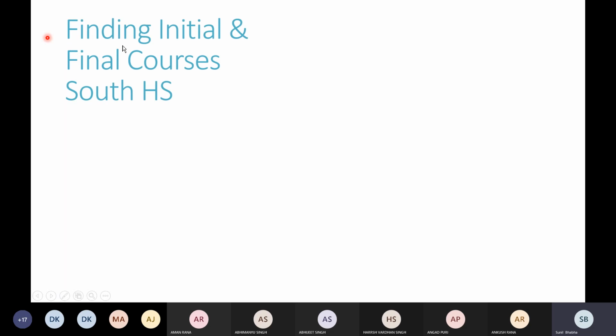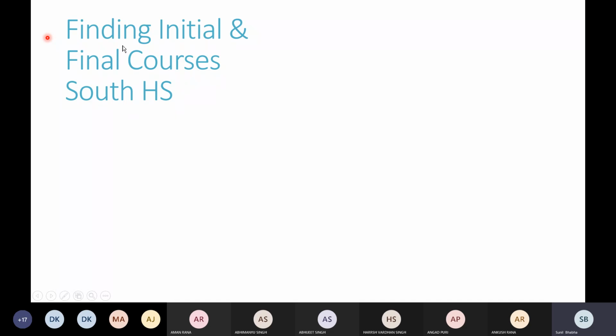Now we have seen the courses being found in the northern hemisphere with a ship moving in the easterly direction in one case and moving in the westerly direction in the second case.